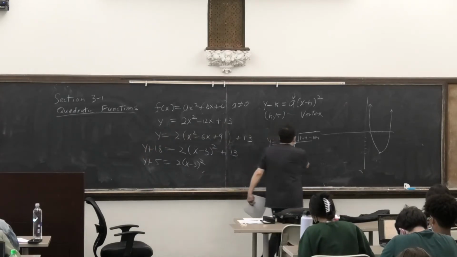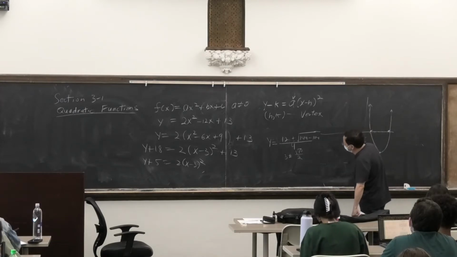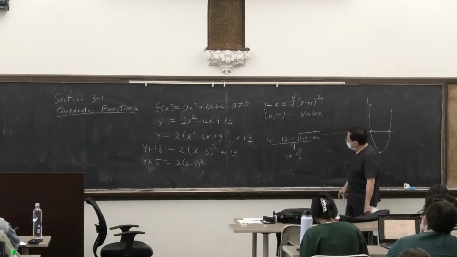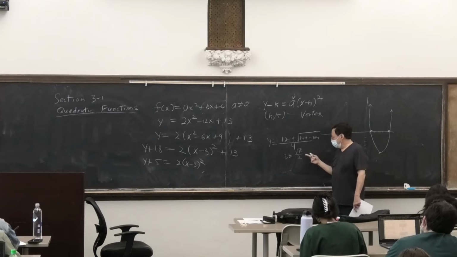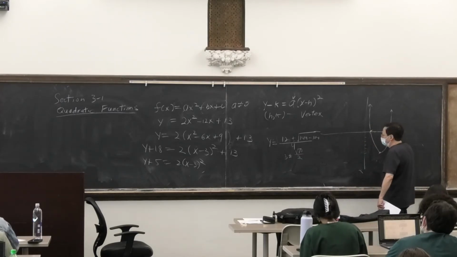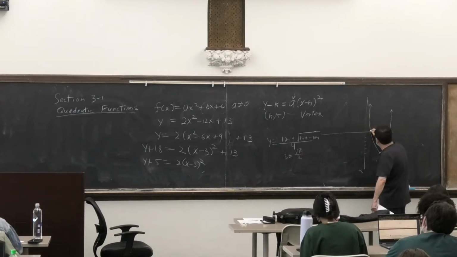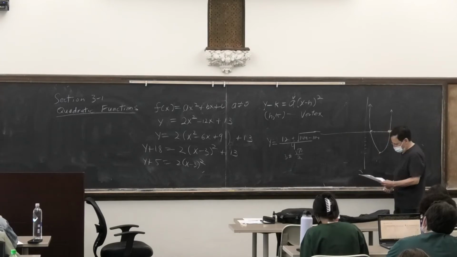And this tells me where these two zeros are. So what are they? They're 3 plus or minus the square root of 10 over 2. The square root of 10 is around 3. So 6, it's around 3. That's over here. And this is closer to 0, but it's not quite. Somewhere over here.